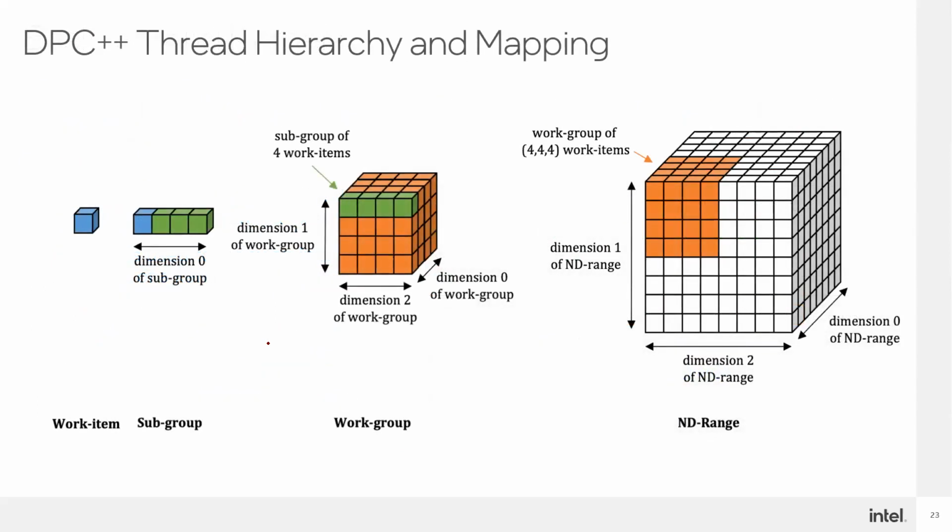Okay, so now let's talk about thread hierarchy and how it maps to the underlying hardware. Unfortunately, there are some limits in the underlying hardware, so we cannot create a range of whatever size we want, because it has to map to the hardware, which has a limited number of execution units.